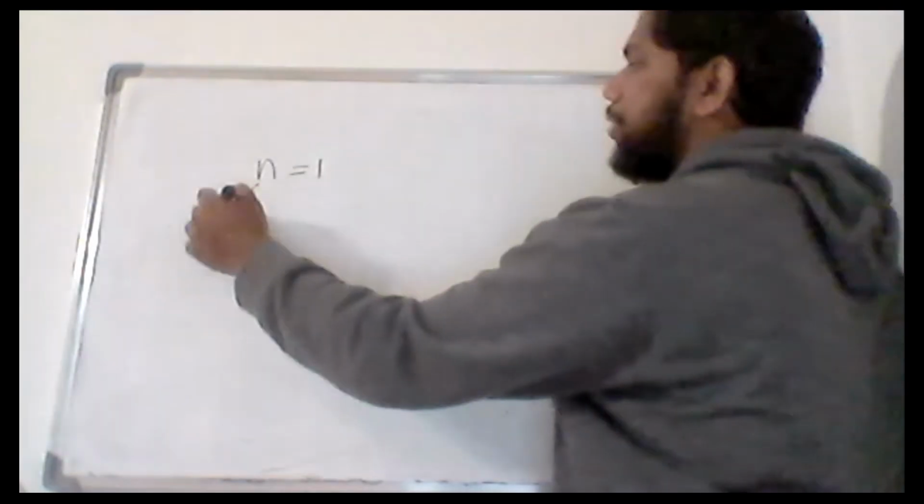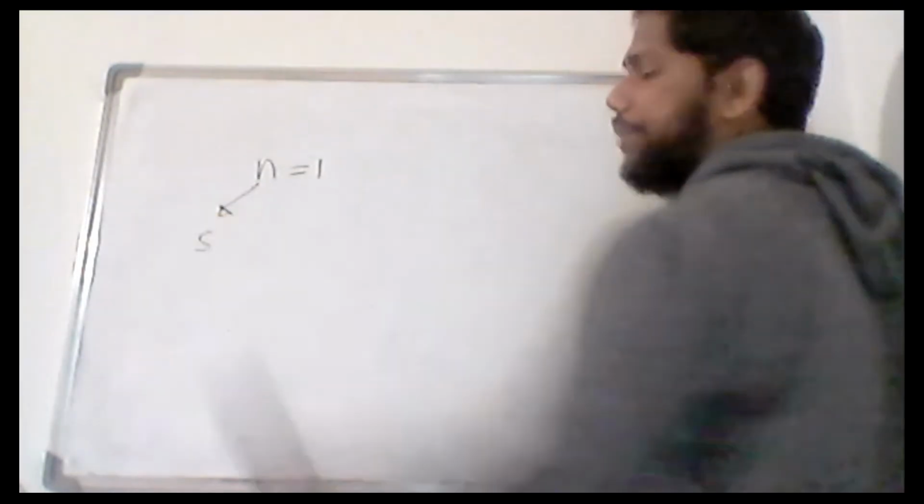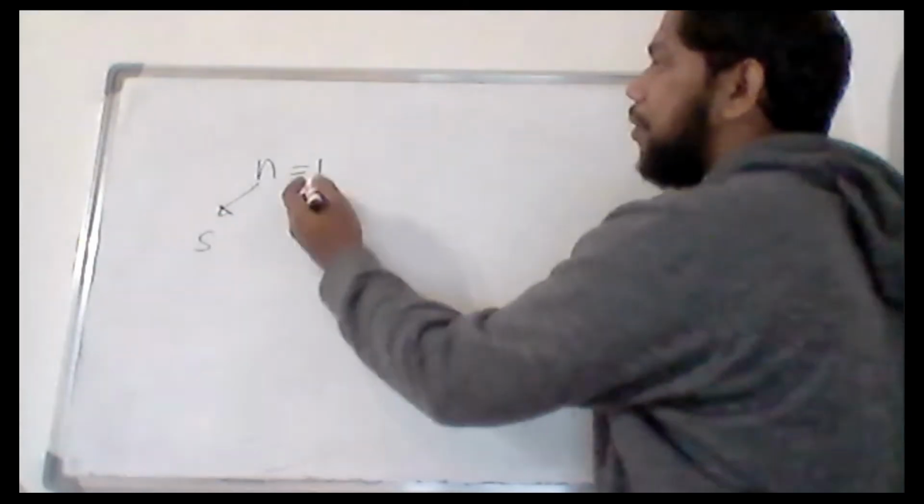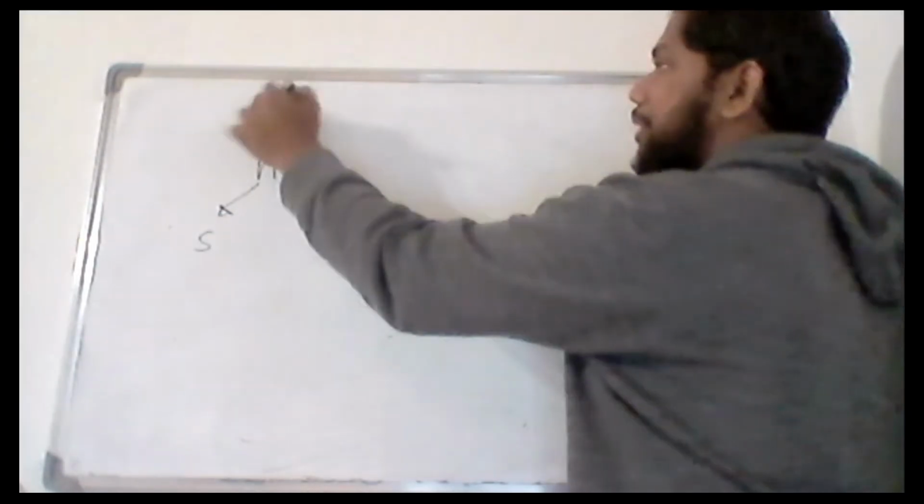Okay, so n equal to 1 means there are only s orbitals present. So principal quantum number is this.